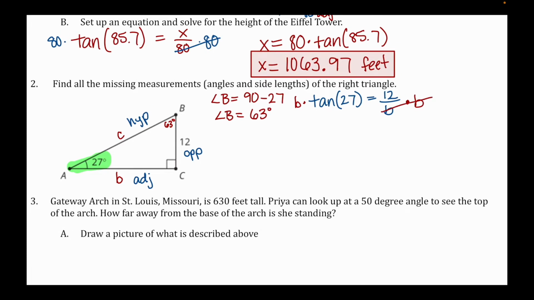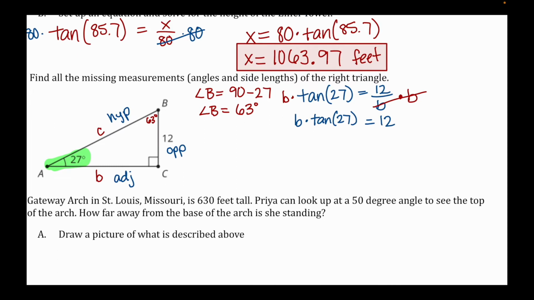So this would create b times tangent of 27 equals 12. And then to get b by itself, we would have to divide everything here by tangent of 27. So those two numbers would cancel each other out, and then here we would just have 12 divided by tangent 27.